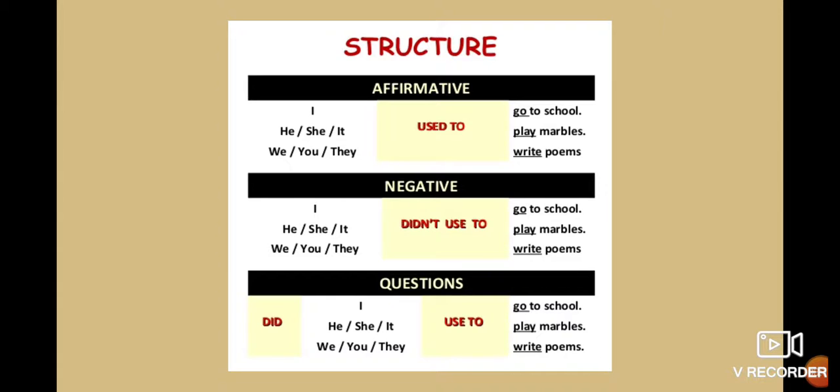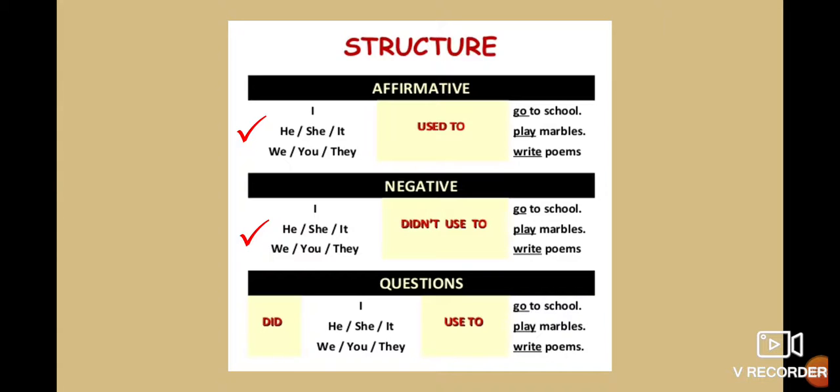Okay, so one thing is important here. First of all, in affirmative statements, the expression used to, you use in past. In negative, didn't, used to, so you write the verb in the main form.